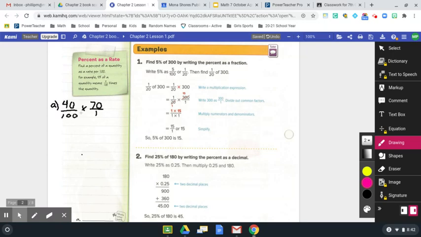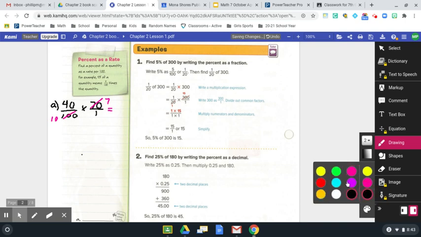When you did multiplication of fractions, you should always know that you can, ahead of time, to make it easier, cross reduce. Now, if I look at 70 and 100 across like this, I see I can divide by 10. If I do 70 divided by 10, I'm going to get 7. If I do 100 divided by 10, I'm going to get 10. I can't cross reduce in the other direction from 40 and 1, and that's okay. So let's see what we get.